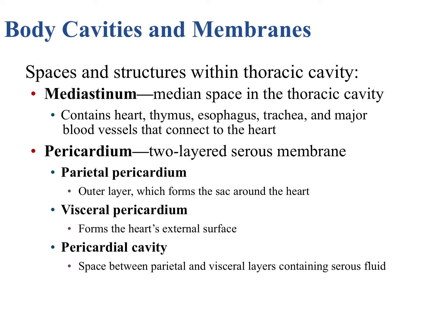All right, so mediastinum, that middle space in the thoracic cavity, and in the pericardium, both parietal and visceral pericardium. All right, the visceral pericardium is the surface of the heart organ, right, and the fibrous layer produces the parietal layer that actually lines that part of the cavity.